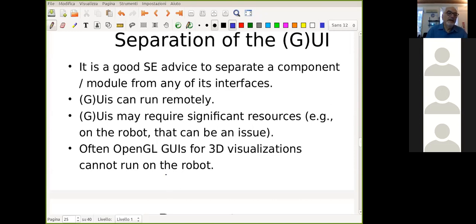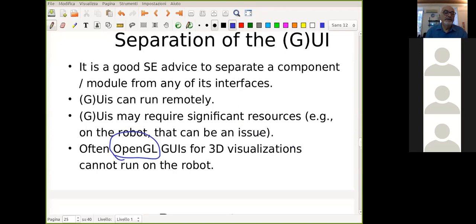So normally, OpenGL is a library, an API for three-dimensional visualization, very common. It's not the only one, but it's so heavy that it usually does not run on the robot, it runs outside.